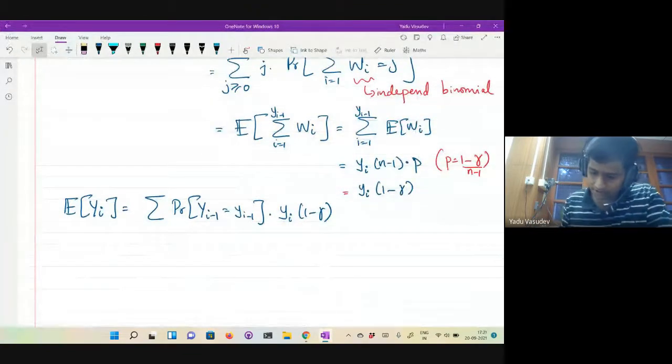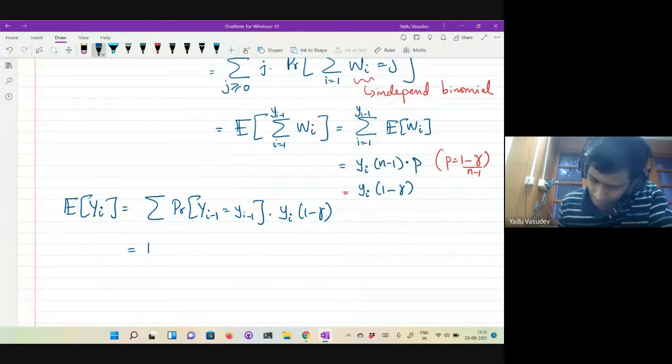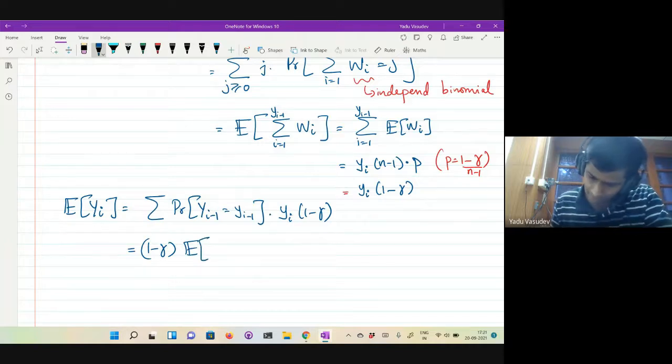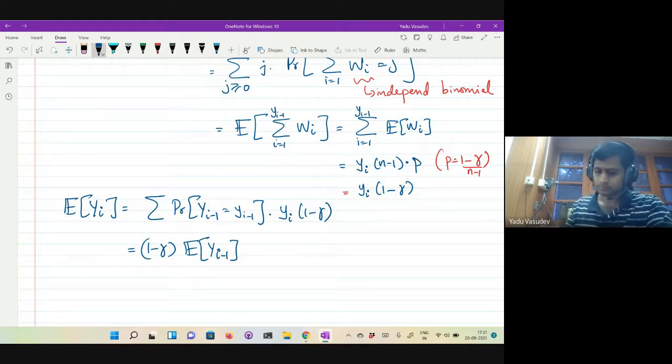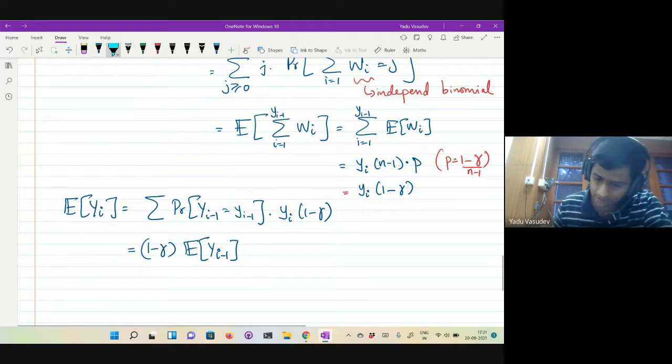If you notice, this is nothing but 1 minus gamma times the expectation of Y_{i-1}, because this term is just that.